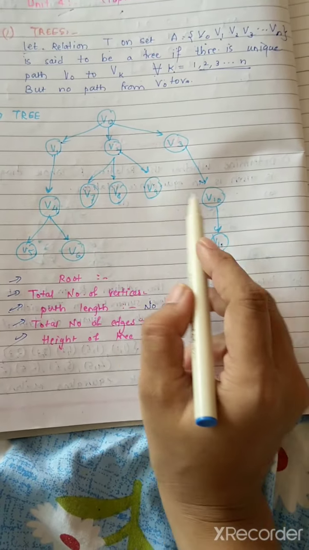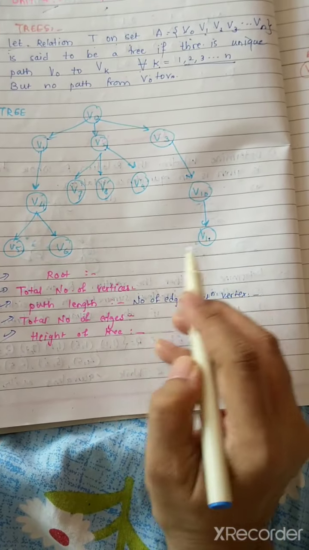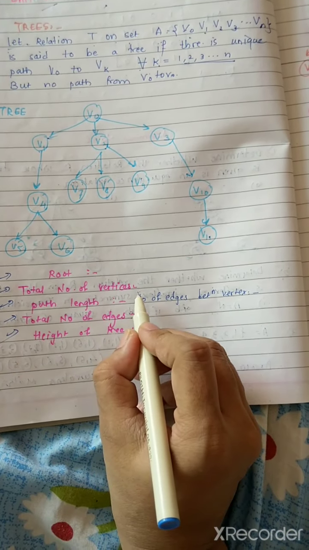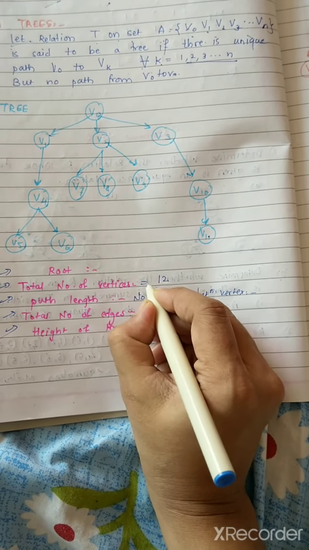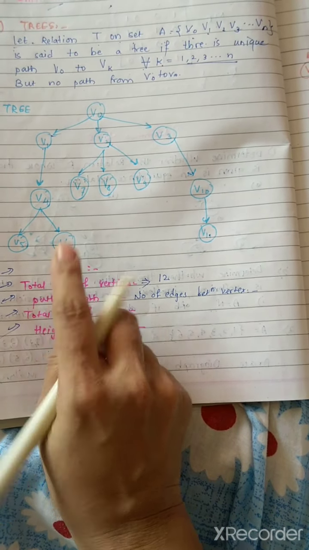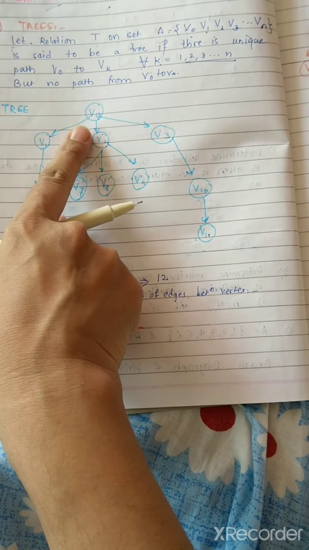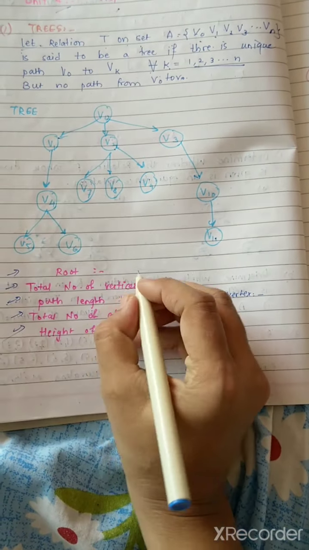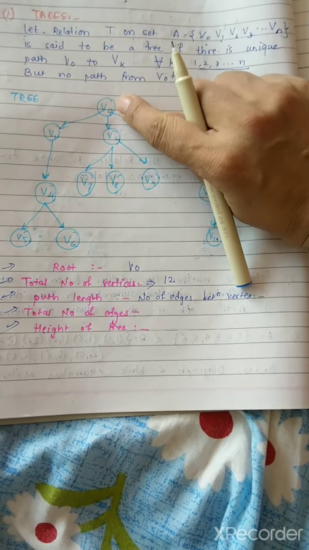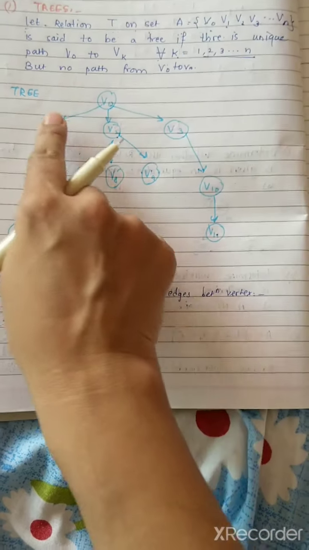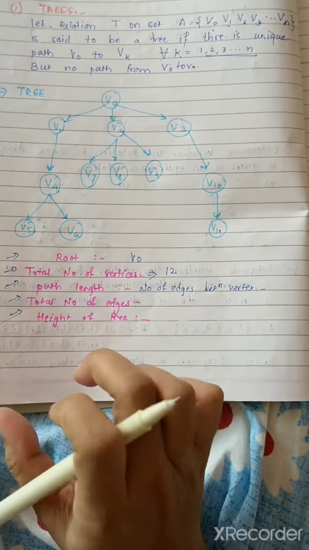And how many vertices are there? V0 to V11, so the total number of vertices on this tree is 12. And the root is the initial vertex, so V0 is the root over here. This is the root, or we can say this is the parent, this is the sibling, and these all are offspring.